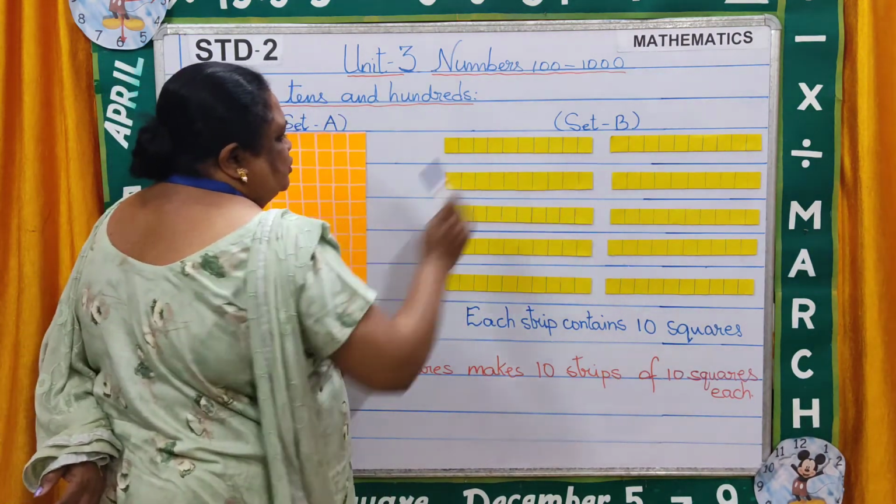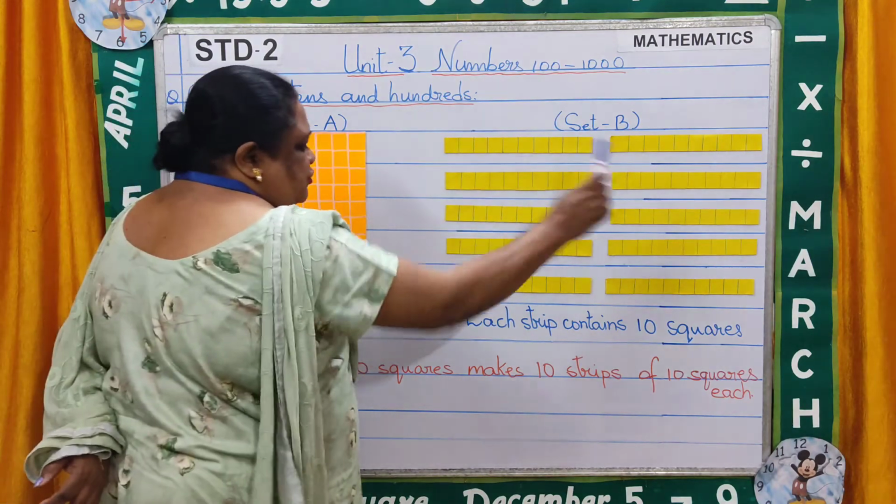Each strip has 10 squares. And there are 10 strips.